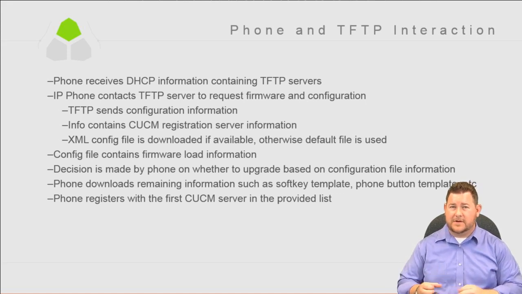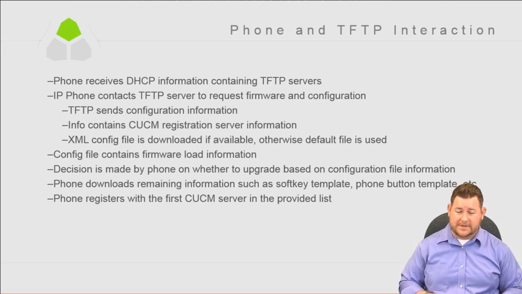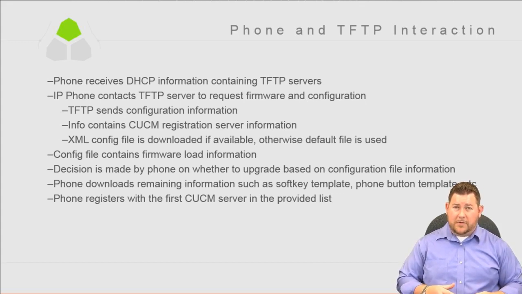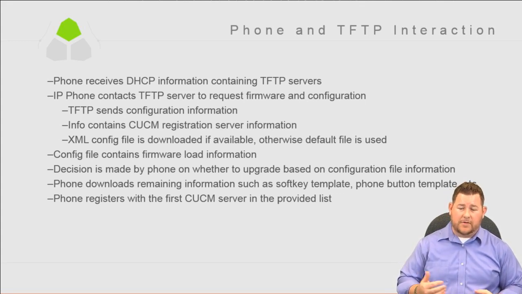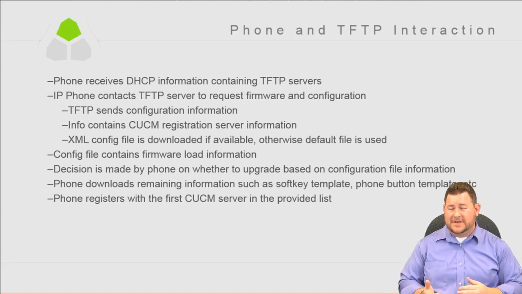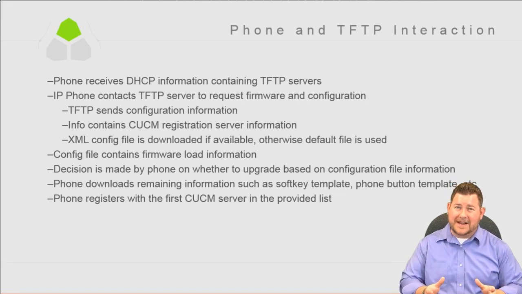Your DHCP server dishes out your option 150, and that's going to tell you which TFTP servers to go to, and there can be multiple in the list. The IP phone then contacts the TFTP server to request the configuration, and the TFTP server sends the configuration back. The most important thing you're going to get out of it is the CUCM server that you're going to be registering with.